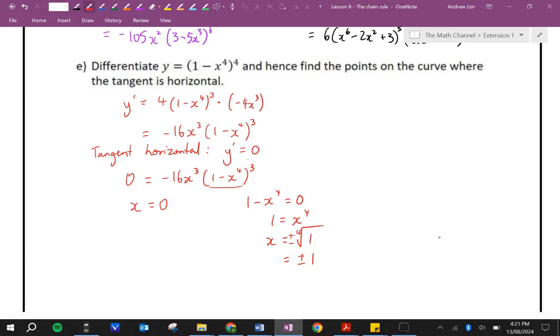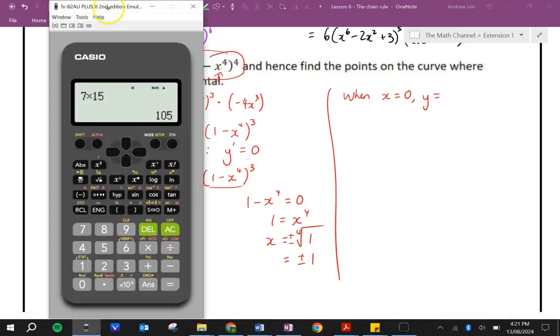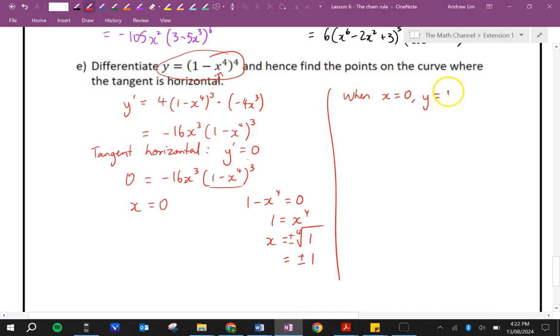So it seems like there will be 3 points on the curve where the tangent is horizontal. So let's have a look. When x is equal to 0, y would equal, so I'm just plugging 0 into here. 0 equals 1 minus 0 to the power of 4, to the power of 4. That's equal to 1.